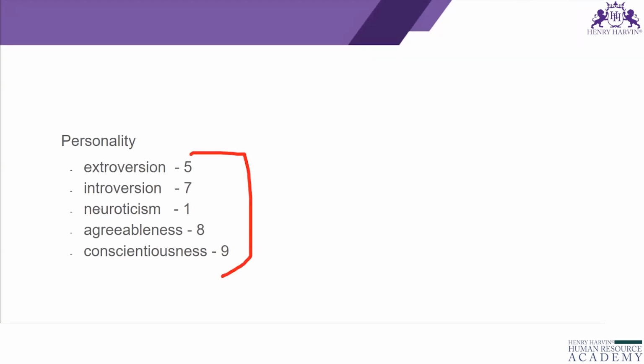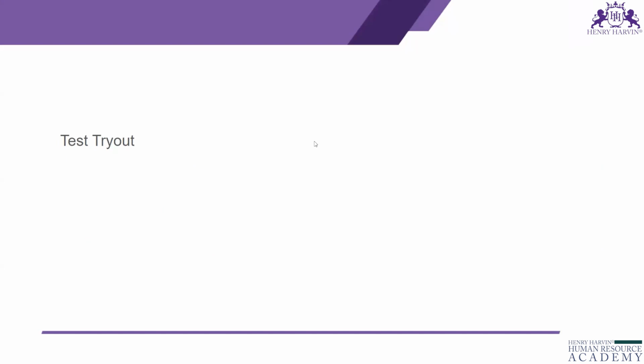This is as per the Big 5 personality test, which we'll discuss as well. So here, see, if conscientiousness gets 9, agreeableness gets 8, introversion gets 7, extroversion 5 and 1, which means the person has more of conscientiousness. Fine. So this we will be doing later on.